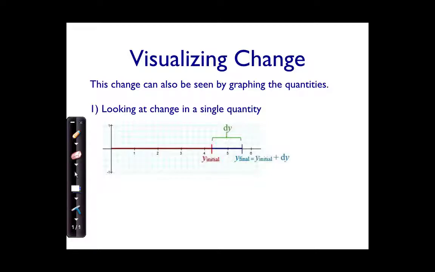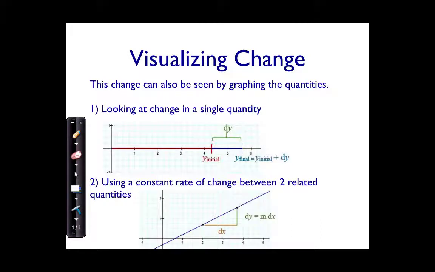So if you have changes in two quantities, and they're related in this constant rate of change relationship, that's when we get to use x, y axes. We maybe started talking about these in recitation a little bit, or have seen pictures like this in the textbook. This is something that we're going to be looking at throughout the semester.